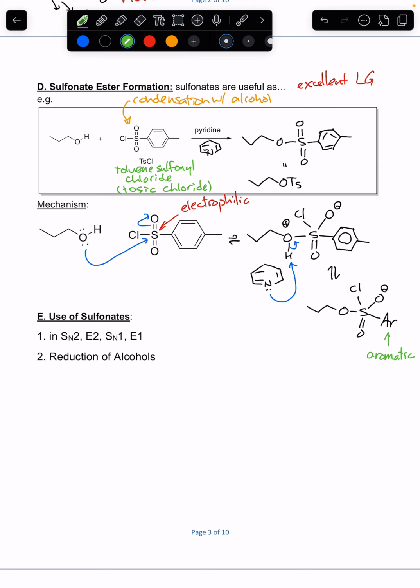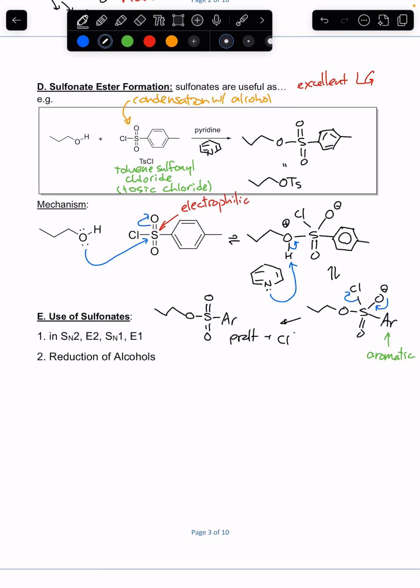Okay. Now, the next thing that happens is just like with Fischer esterification, this very crowded structure gets collapsed by kicking off a leaving group, and chloride is a great leaving group. So that can leave, and in the end you'll have the sulfonate ester product.